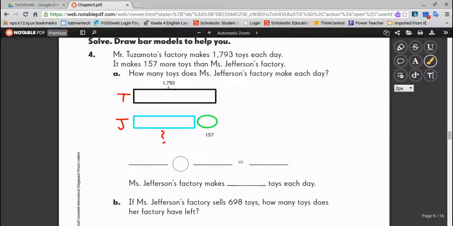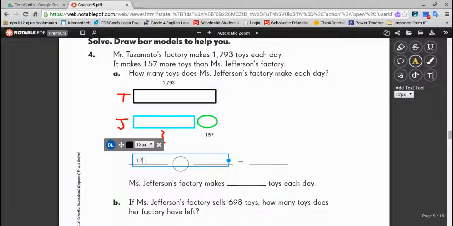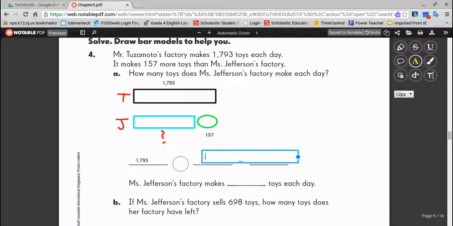There's a lot of different ways we can say this, but it's finding the difference to figure out how much Mrs. Jefferson makes. So we're going to subtract 1,793 and 157.